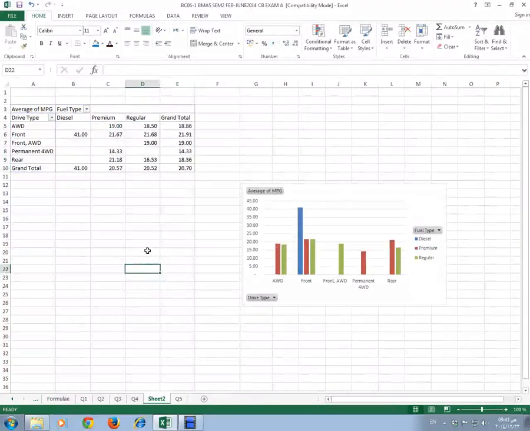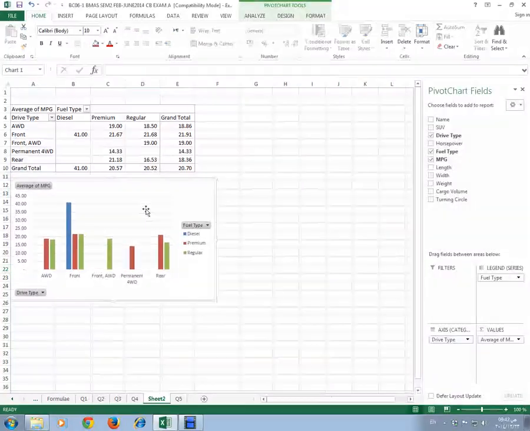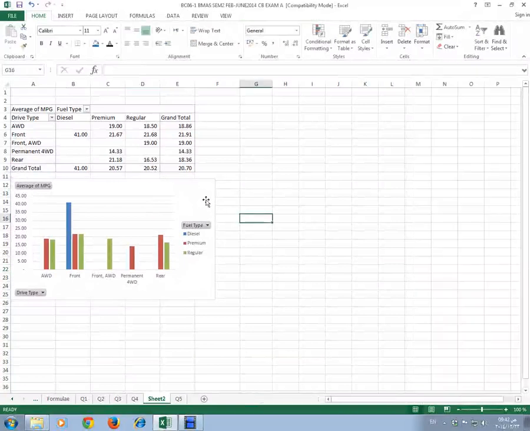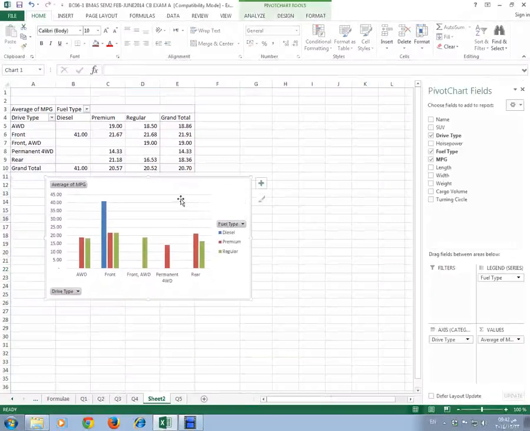That means most of the fuel is used by front cars here, and this one is diesel, which many cars use, or the use of diesel here is more than the others. So you can write the comment according to the data or according to what you see here, and you write your comment in any place. I will leave it for you to write your comment.